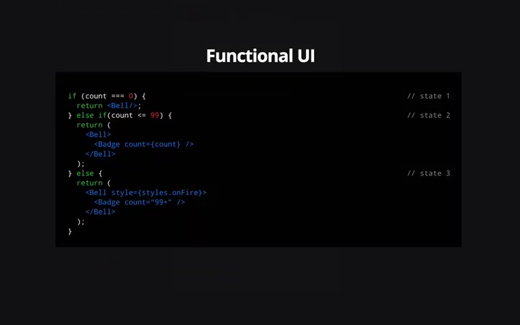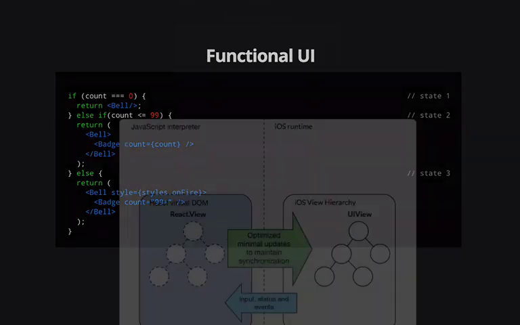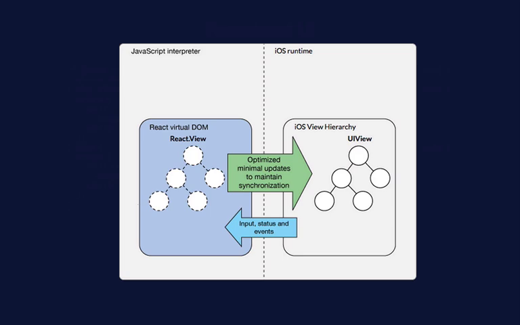So yeah, the functional UI. I won't go over this much again, but I think that's a huge advantage to it. And the way it works is pretty similar to what we saw with React on the web diagram. In the virtual DOM, we have a React.view rather than React.dom.div.